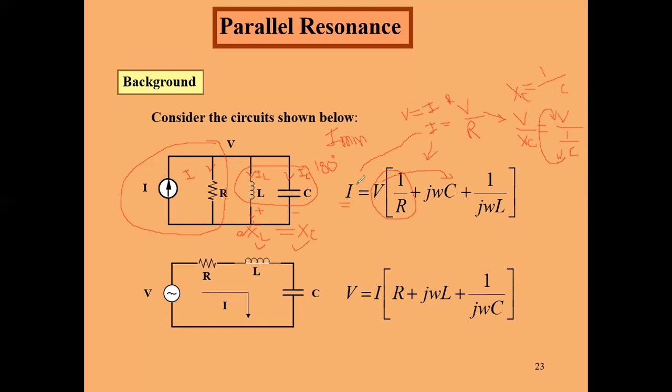So I is equal to V times j omega C, taking it common, because the j part is present.